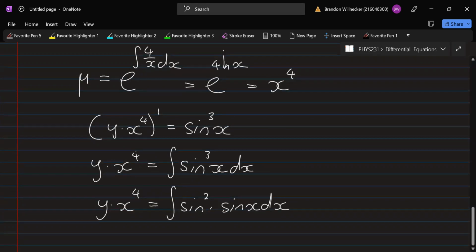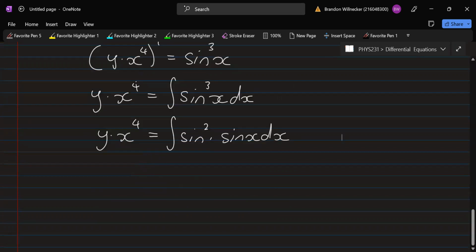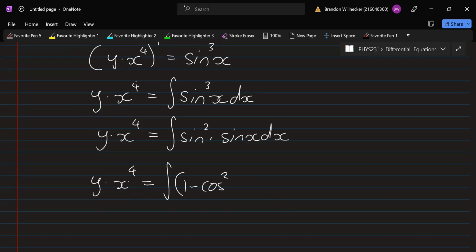So imagine a u substitution where u equals cos, then sine x dx becomes du. So let's do that. So y times x to the 4 is equal to the integral sine squared, we can write as 1 minus cos squared. Okay, and then we have sine x dx.